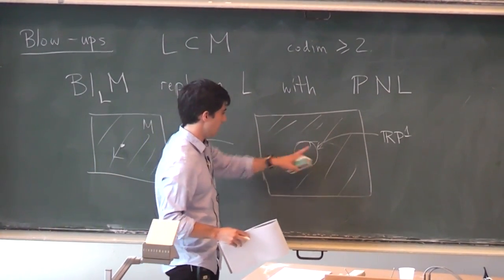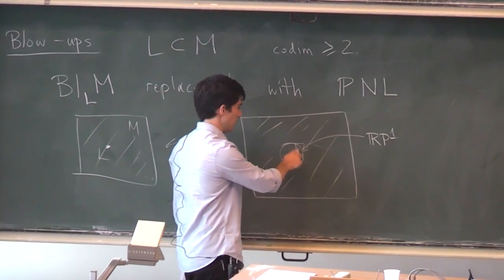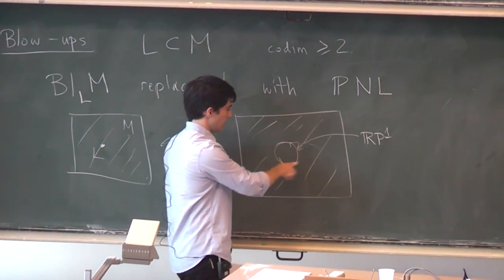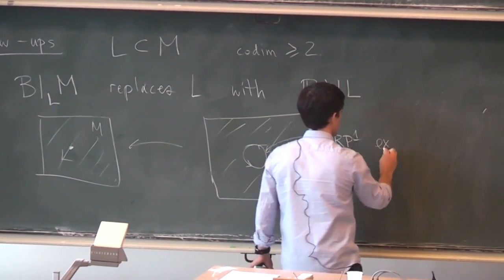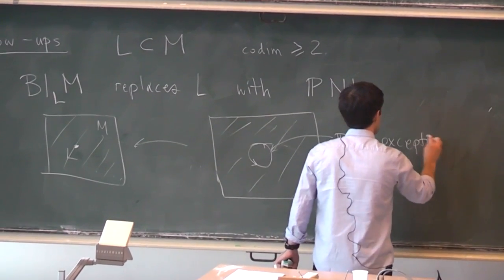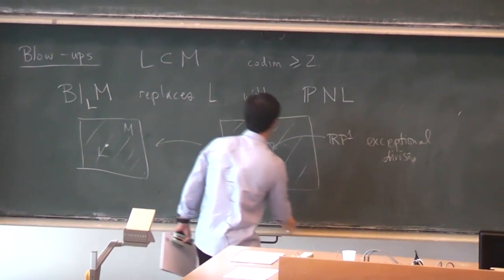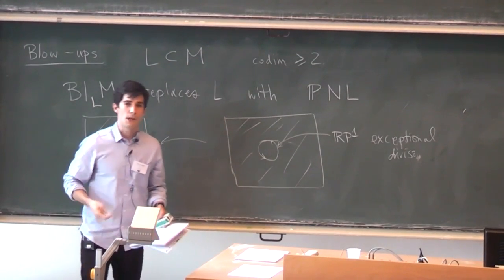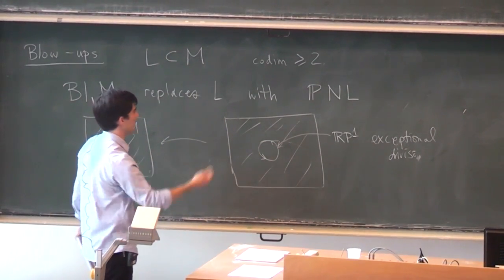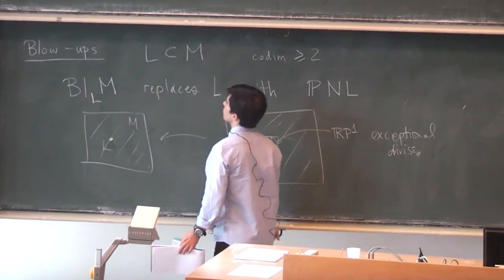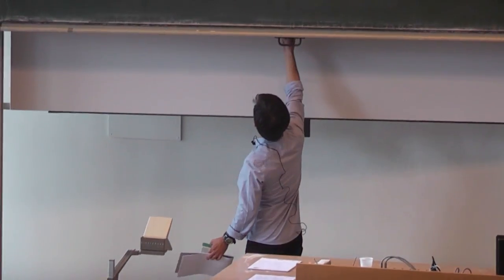So this is an RP1 which is embedded in here, and that means that when I do this, the exceptional divisor, as it's called, when you do this identification, its normal bundle becomes non-trivial. It becomes the Mobius band around there. So that's what a blow-up is.